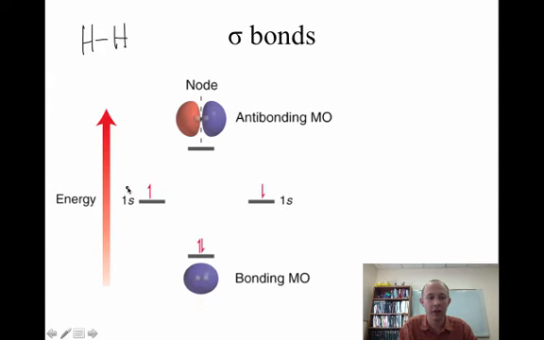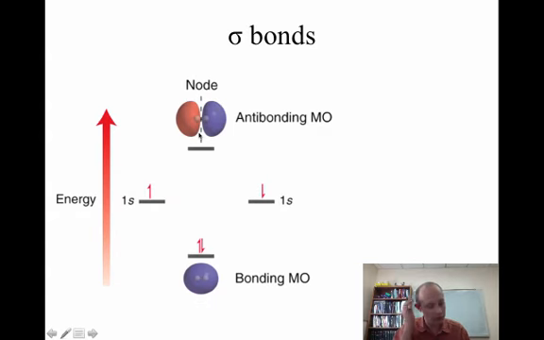Hydrogen has an s orbital with one electron in it, and the other hydrogen atom has an s orbital with one electron in it. And those can combine to make a bond. And when those two orbitals combine, they make two new orbitals. They make a bonding molecular orbital and an anti-bonding molecular orbital. We're lucky here because we have two electrons, so they both funnel down into the more stable bonding molecular orbital. And there's no electrons in the anti-bonding molecular orbital.